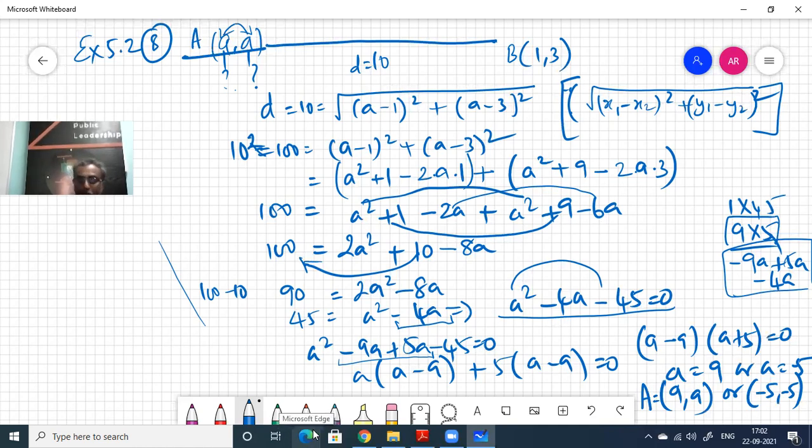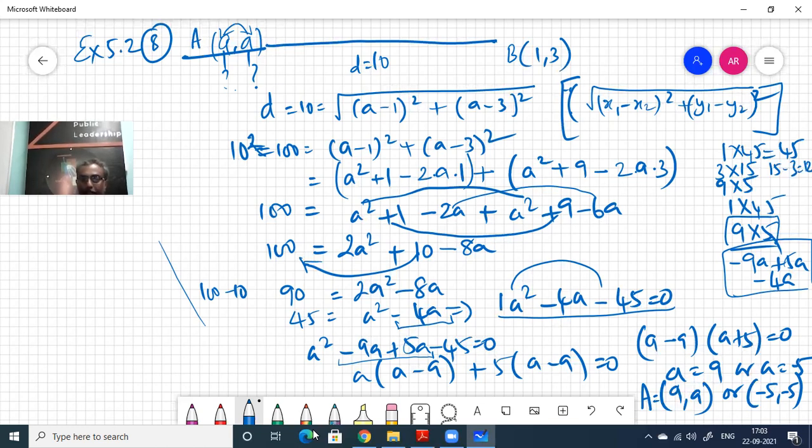You know how to solve a quadratic equation, right? That you learned in 8th standard. A squared minus 4a minus 45: it should become 1 into 45, correct? So that is when you can have 3 into 15 or you can have 9 into 5. 3 into 15, 15 minus 3 will be 12.